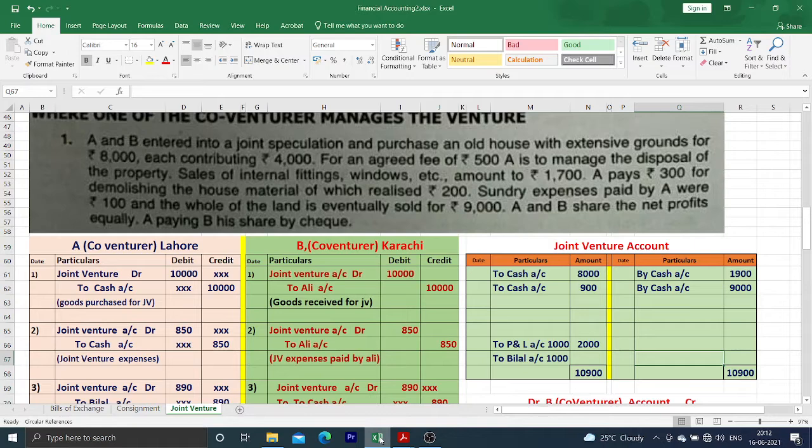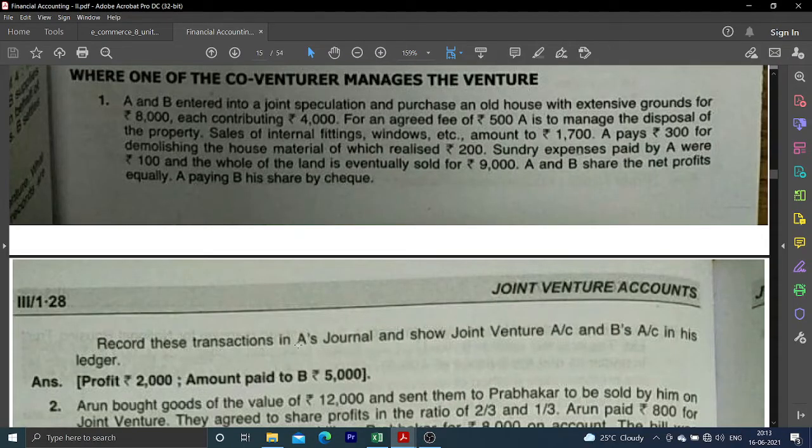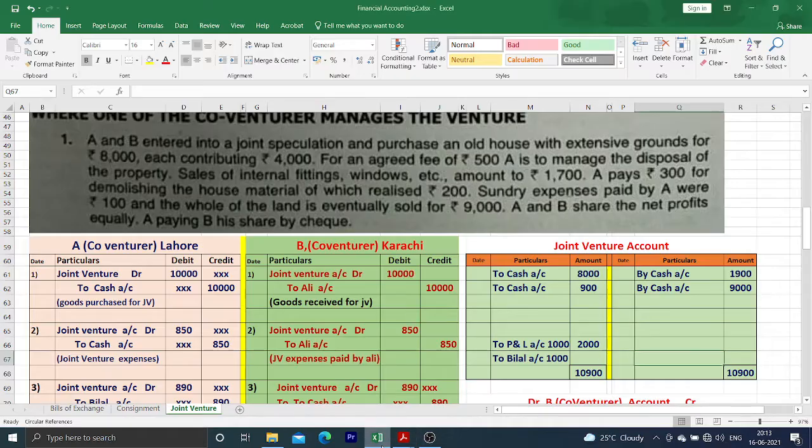So we have to pass the journal entries in the books of A as well as B. Record these transactions in A's journal and show the joint venture account and B account in the ledger. We will concentrate on recording the journal entries in the books of A only. Simultaneously, we update B also.